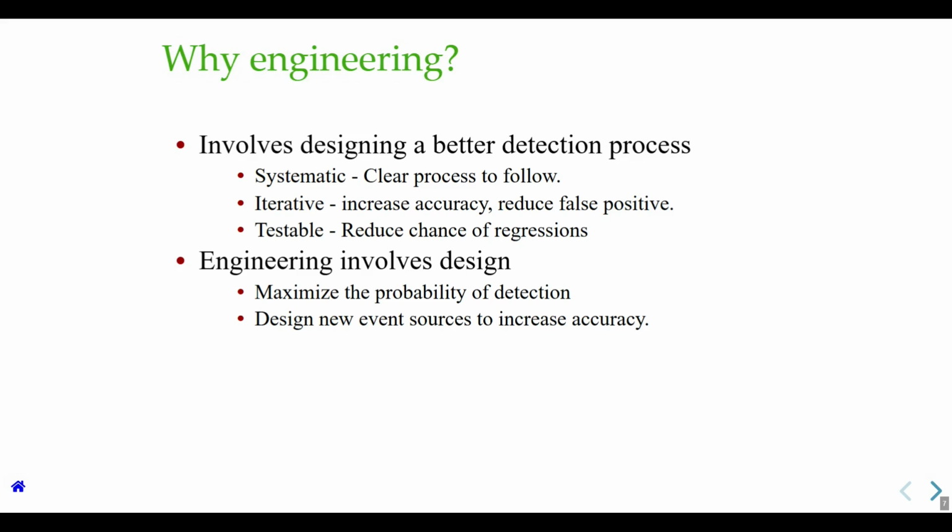And the word engineering brings design into the idea. We have to actually consciously think about and design a system to improve this detection. So really the goal is to maximize the probability of detection, to write these rules that maximize it.